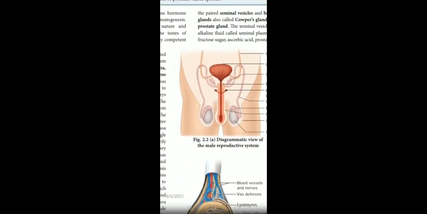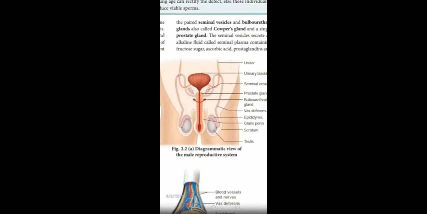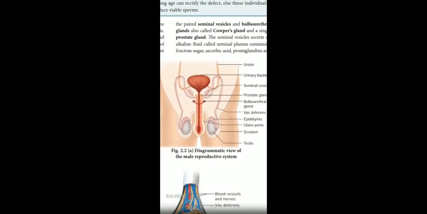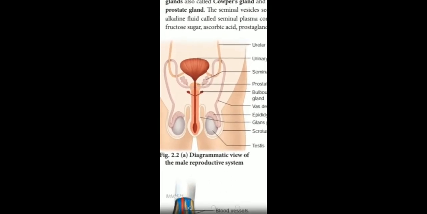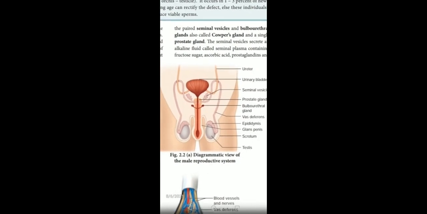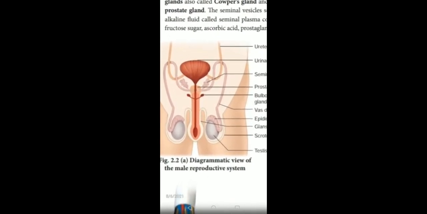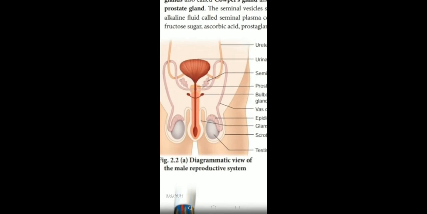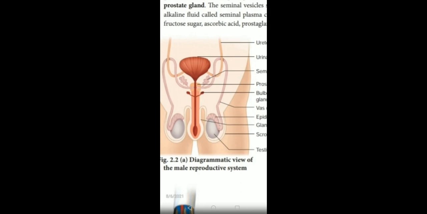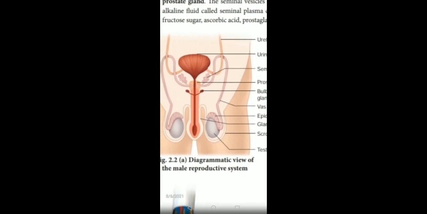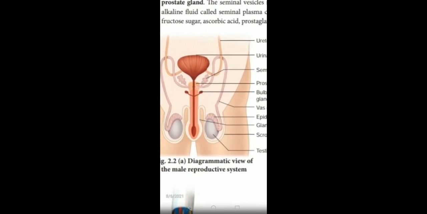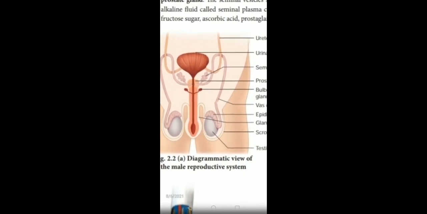Here are the seminal vesicles and the urethra below the urinary bladder. It passes urine as well as the sperm. It originates from the urinary bladder and extends through the penis to the external opening called the urethral meatus.